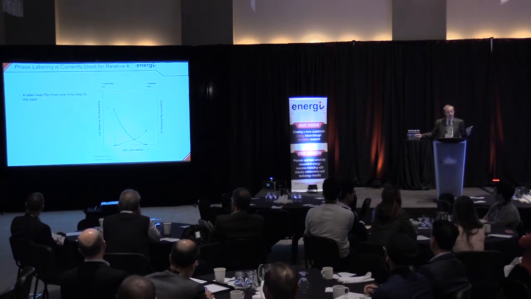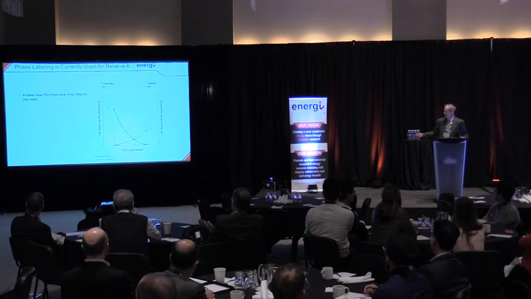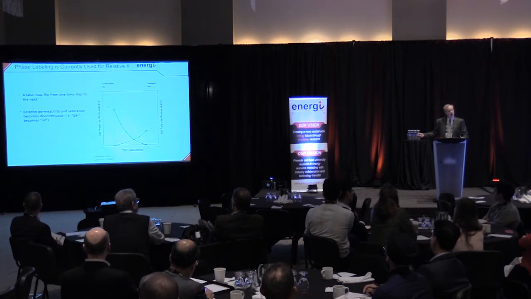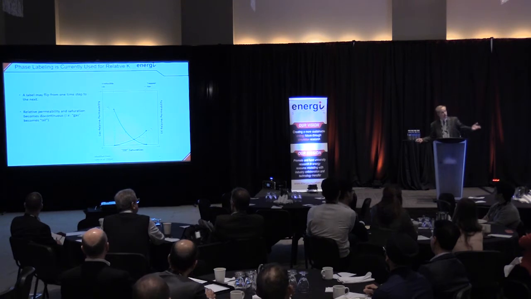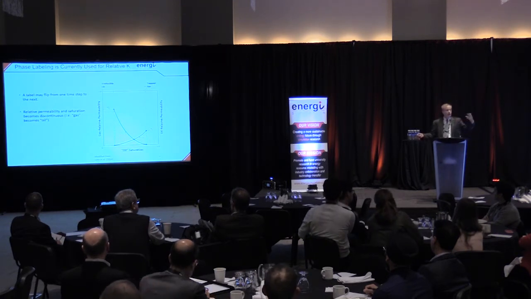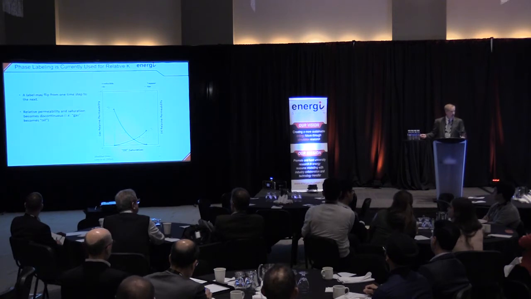But these labels may change from time step to time step, which causes us havoc in our codes. So if that happens, then the KR changes, and KR is proportional to the speed of flow of things in our ground. So it changes speeds of our fronts, but it also changes S values.